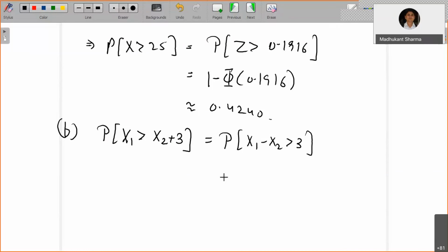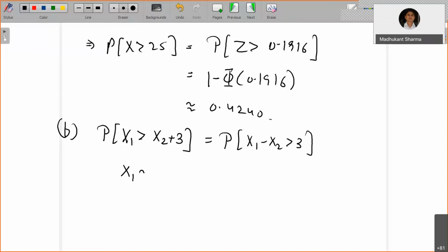Now, if x2 is normal, then minus x2 is also normal, since a scalar multiple of a normal random variable is normal. Now, x2 is independent of x1, so x1 and minus x2 are also independent. So this also is the sum of two independent normal random variables.